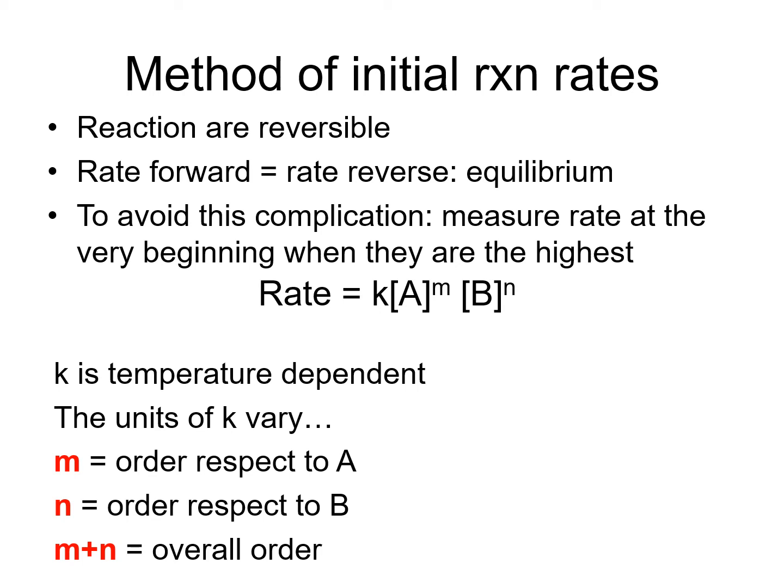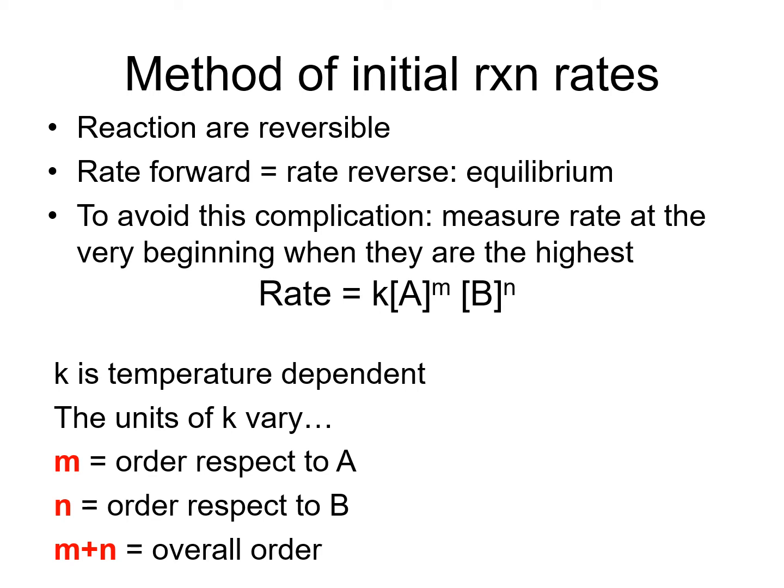That would, of course, complicate the whole determination extremely. But if we perform the measurement at the very beginning of the reaction, when there is still a lot of reactant and the concentration of the product is very small, we can avoid the problem.